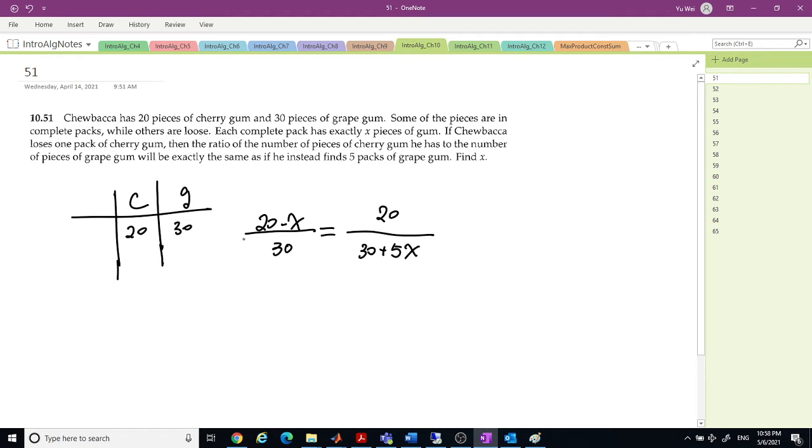Okay, now we can solve this equation using the cross product.